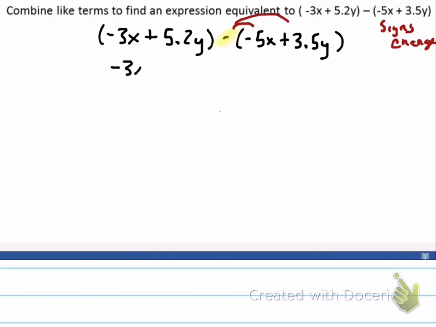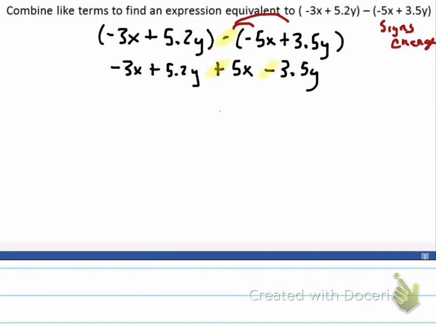Negative 3x plus 5.2y. So now this is going to become plus 5x minus 3.5y. So my signs changed here and here because of that minus sign.